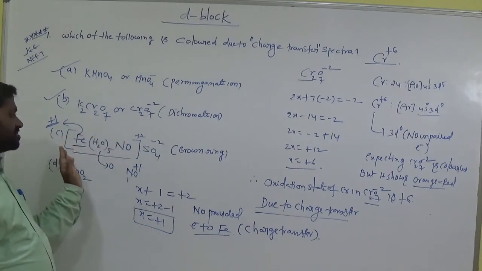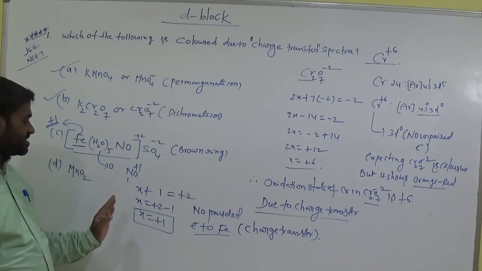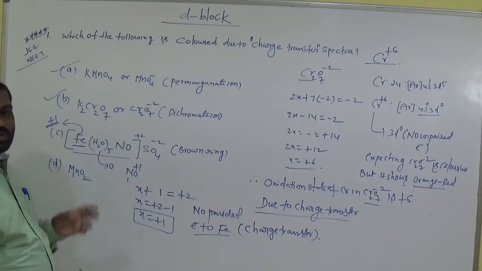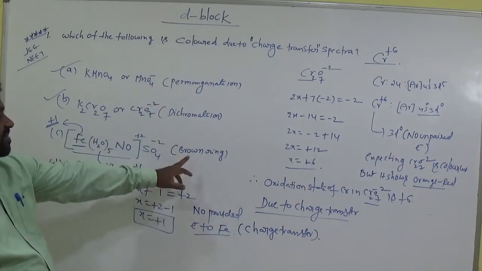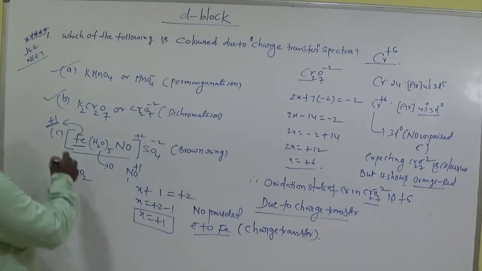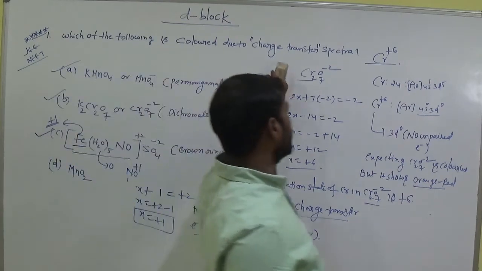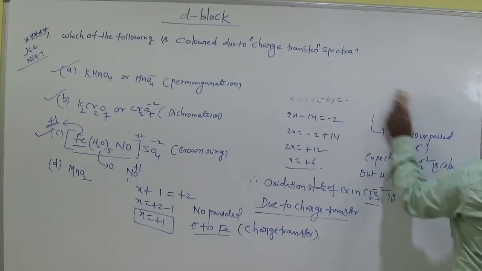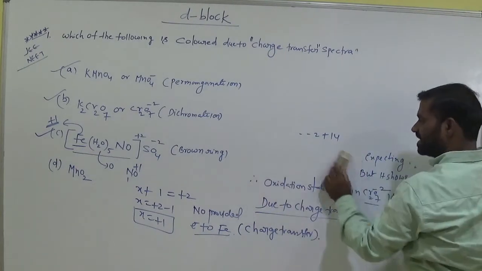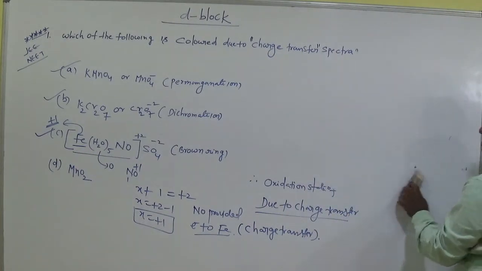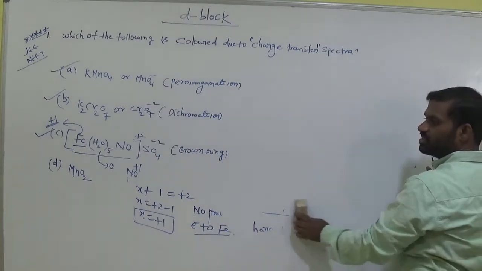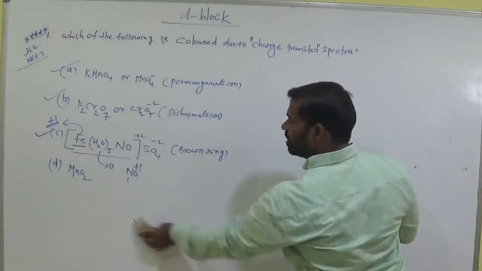So electron movement takes place. That means it also shows color due to charge transfer. It is brown in color. So this is also an answer. Clear up to here? NO provides an electron to iron in the third compound, so it exhibits color due to charge transfer. That one is the brown ring compound.